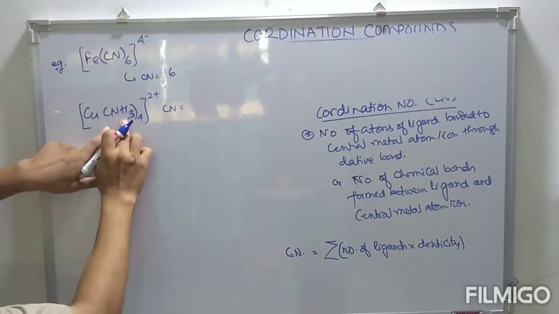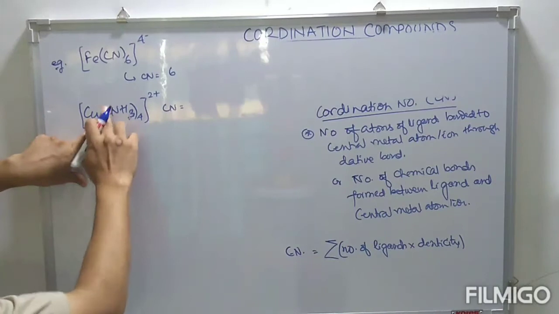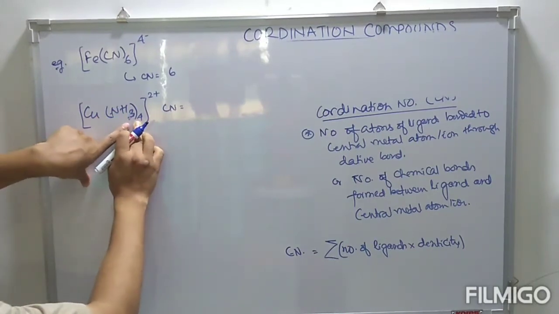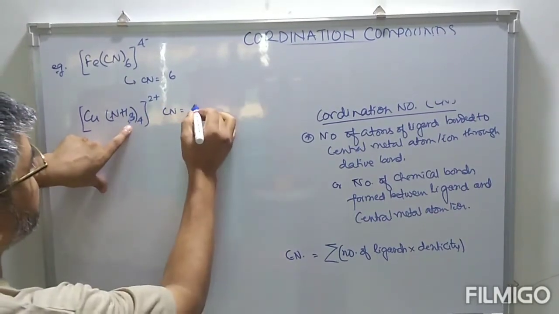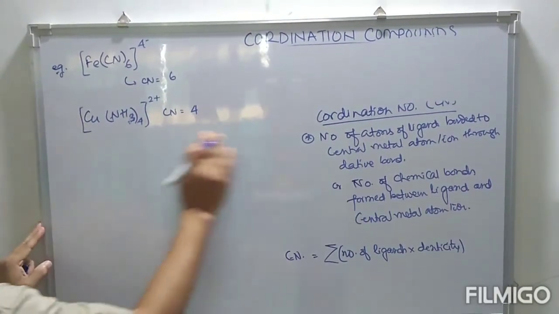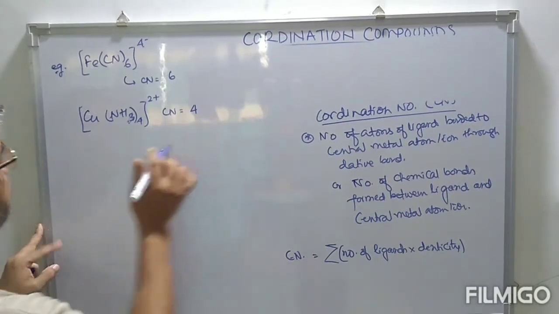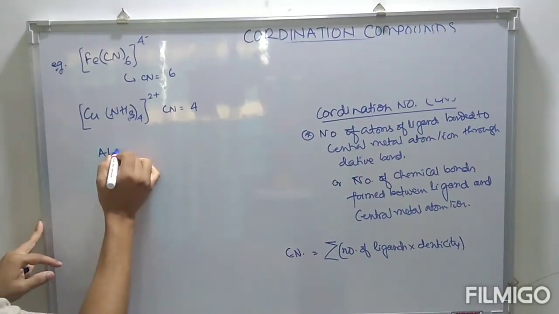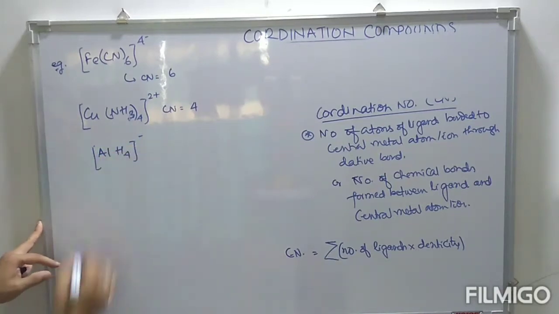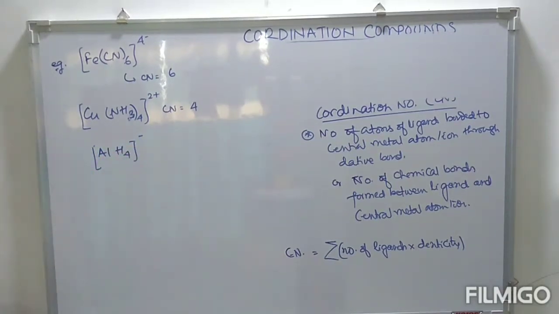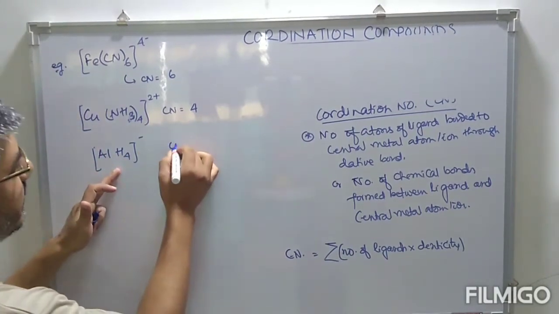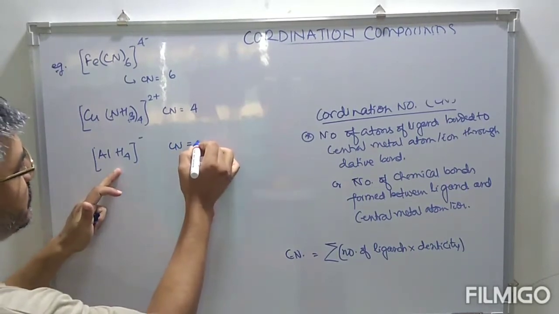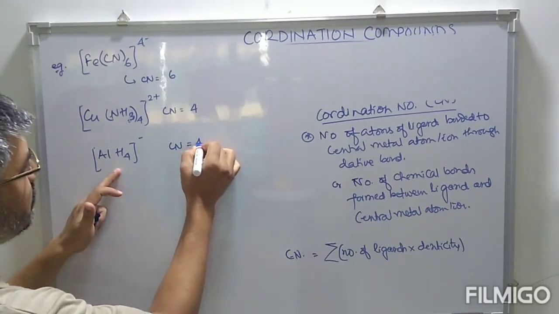Copper is bonded to 3 ammonia molecules, and the ammonia denticity is 1, so the coordination number is 4. Aluminium hydride: aluminum is bonded to 4 hydrides and denticity is 1, so the coordination number is 4.